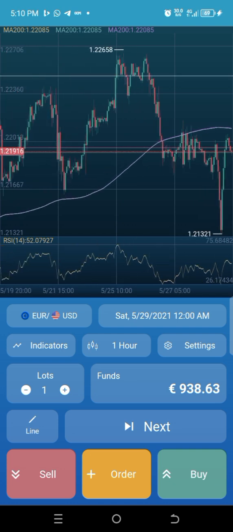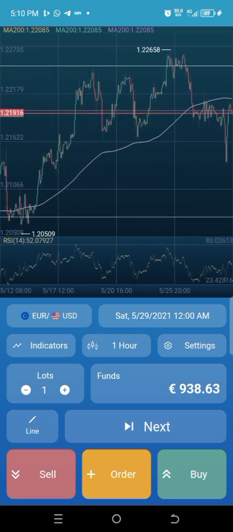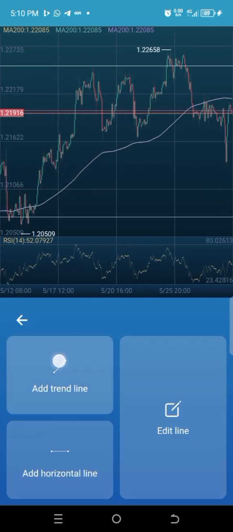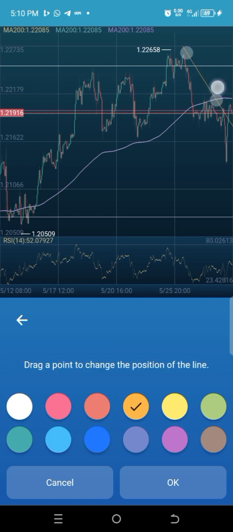Ladies and gentlemen, we are at 2021 from 2010, so we still have a little bit of testing to do before we close this currency pair and get results from the strategy.